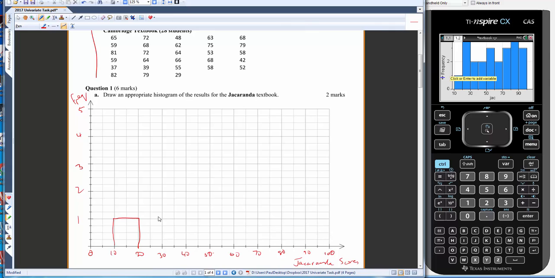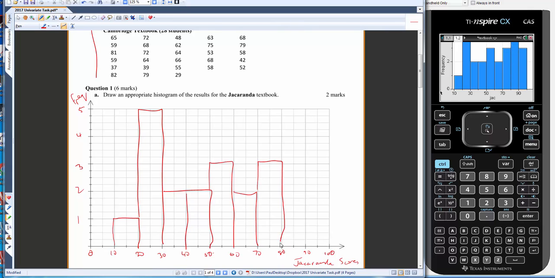Followed by 5, followed by 2 lots of 2, a 3 followed by 2, a 3, a 4 and a 3. And there's our histogram.